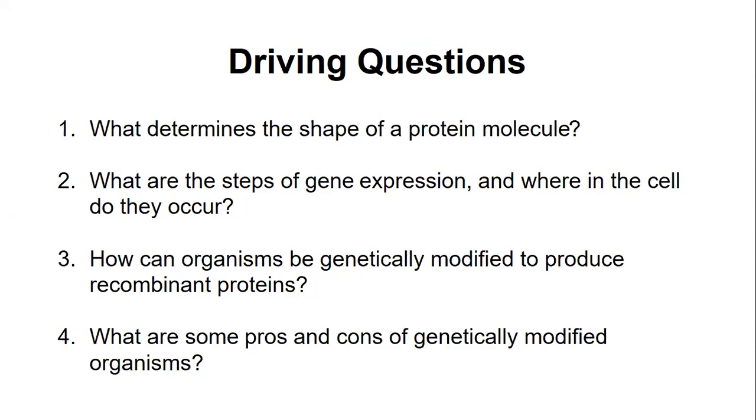What are the steps of gene expression, and where do they occur in the cell? Of course, I don't read it perfectly like this; I twist it around for my own liking. How can organisms be genetically modified to produce recombinant proteins? What are some pros and cons to genetically modified organisms?